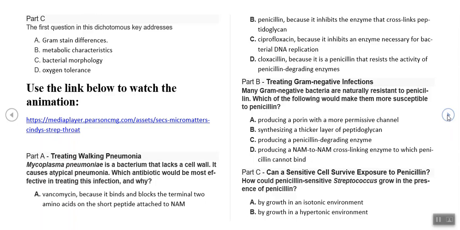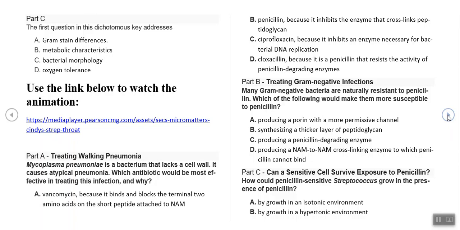If it's in a hypotonic environment, then it's going to take on too much water and it will swell up like a big balloon and then burst. In either case, hypertonic or hypotonic, the cell is going to be kaput. The cell's going to die. However, there is a happy medium. It's an isotonic environment where the solute and solvent concentrations are roughly equal both inside and outside of the membrane.